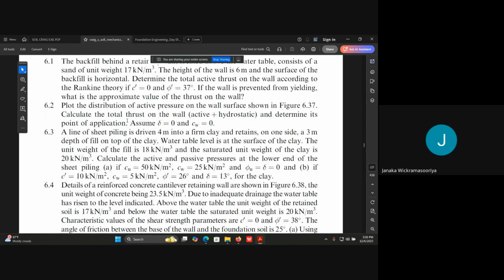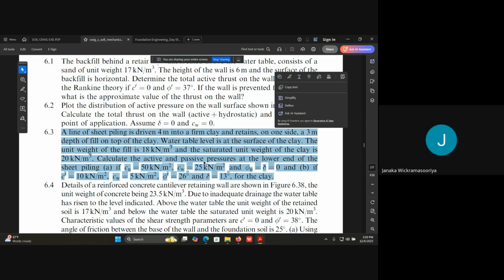So the next question is, a line of sheet piling is driven into a sand where the water table is at the surface. The unit weight is given and all the values are given. What they ask is to calculate active and passive pressures. Now we have to find the passive pressures also at the lower end of the sheet pile. And all the values are given.